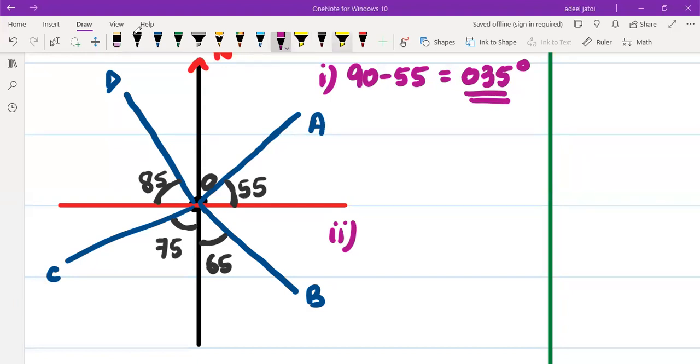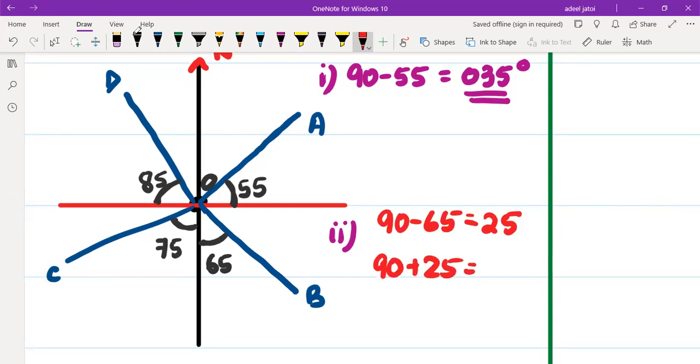So the first part will be 90 minus 65, the inside angle is 25. Then what we'll do is 90 plus 25, which is 115. So bearing of B from O is 115, whereas this angle is 25 because we subtracted 90 minus 65. And we needed bearing of B from the north.